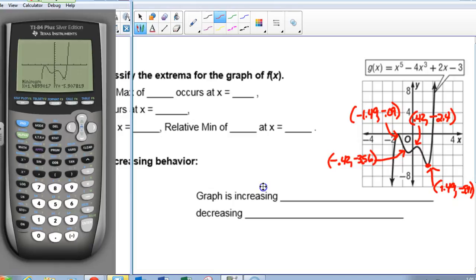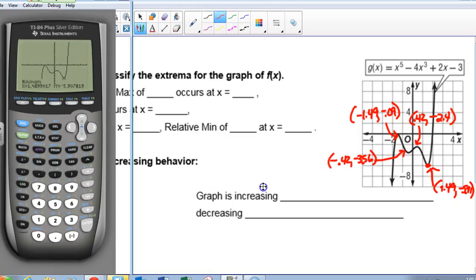Well, does this graph have an absolute minimum value? It goes down forever, doesn't it, at one end? So it doesn't have an absolute minimum. Does it have an absolute maximum? Can any graph have an absolute? If both ends are going the same way, if they're both going up, then it has an absolute minimum somewhere, right? If both ends are going down, it has an absolute max.